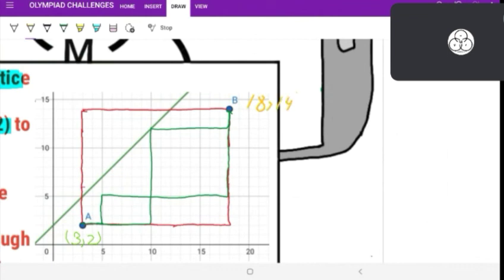We will find the reflection of this 18, 14 with respect to what? The line just above the given line.